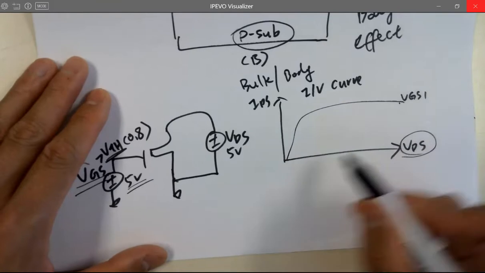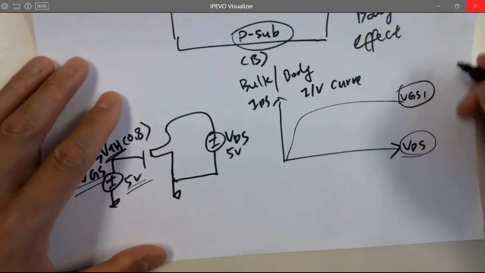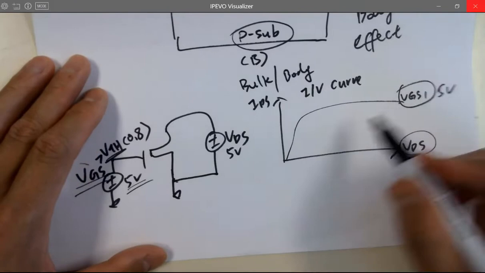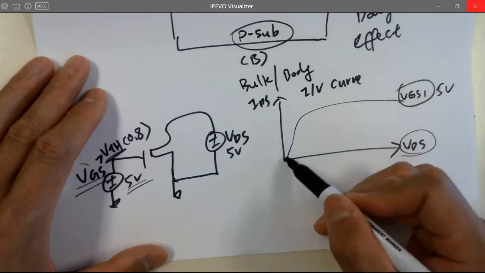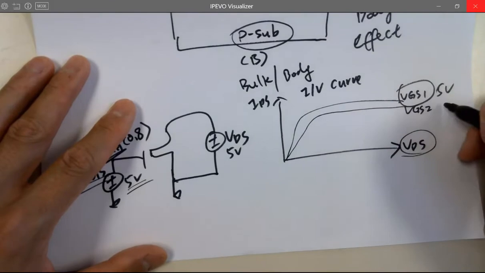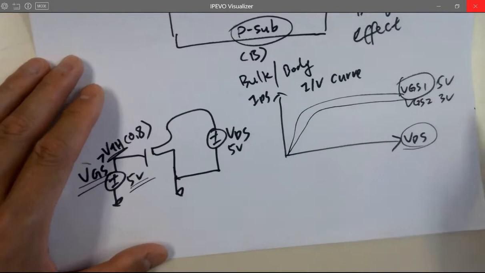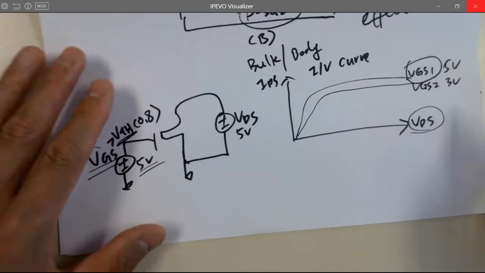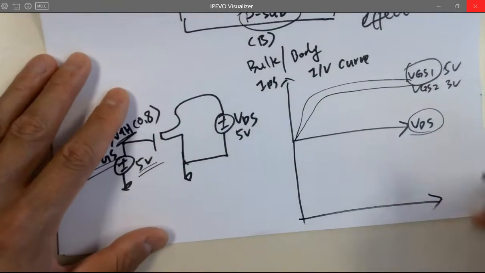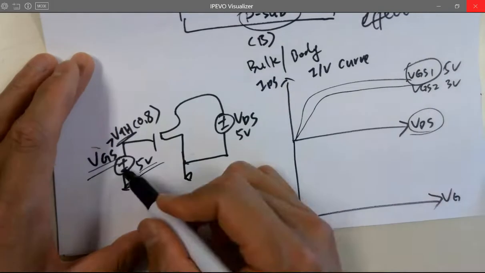Just VDS, you're doing a DC sweep for VDS. And whenever VGS is like 5 volts, for example, the curve looks like this. But when VGS is 3 volts, you're getting lower current. Make sense?